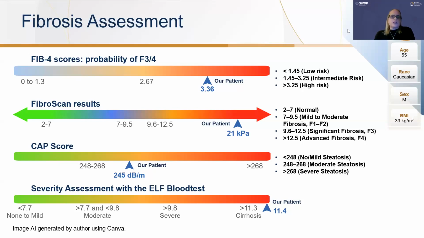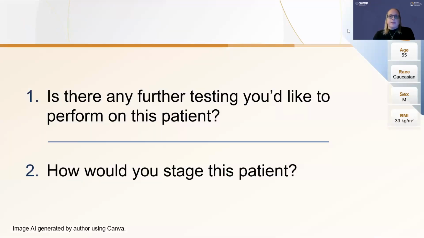However, based on clinical picture, would consider MASLD as one of the differentials. So not surprising that there really wasn't any significant amount of fat found. And then again, the ELF blood test coming back at cirrhosis, 11.4.